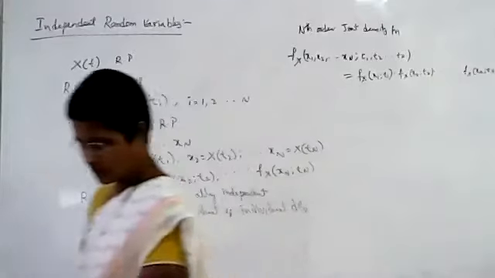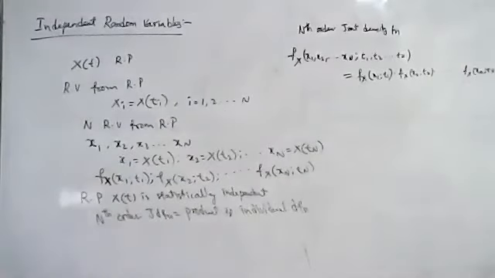So this random process is said to be statistically independent if the nth order joint density function is equal to the product of individual density functions, that is fX(x1, t1), fX(x2, t2), and so on, fX(xn, tn).